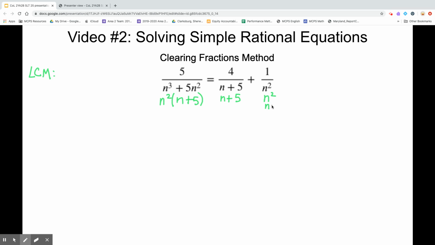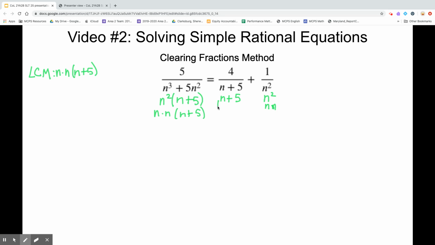I could write this as n times n, and I could write this as n times n times n plus 5. So I need factors from all three of these denominators. I have n times n times n plus 5.